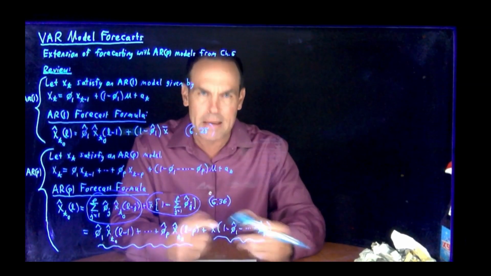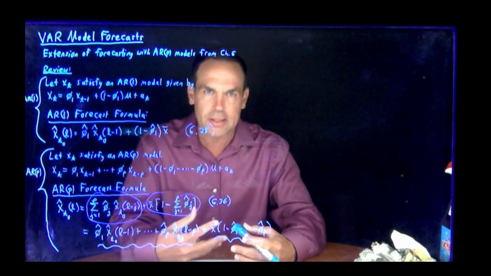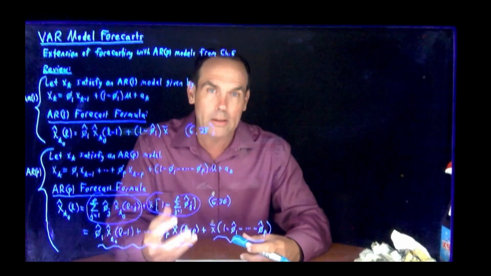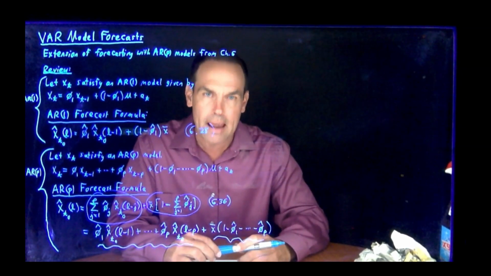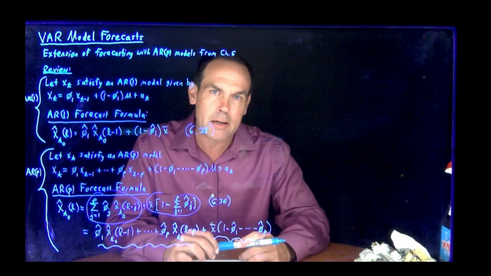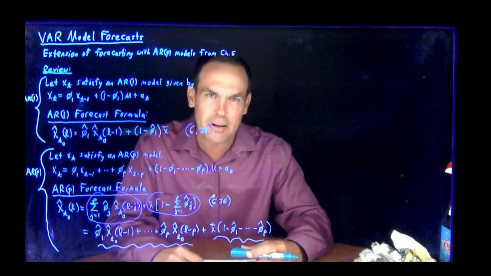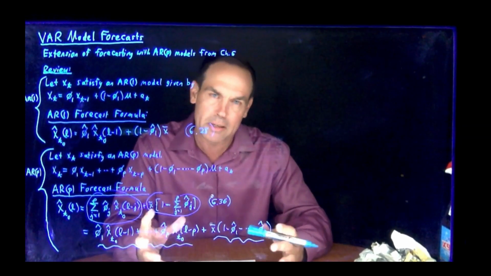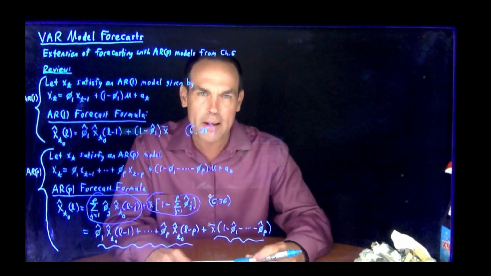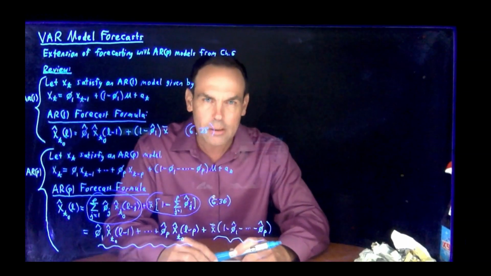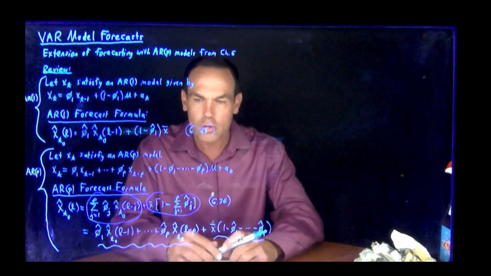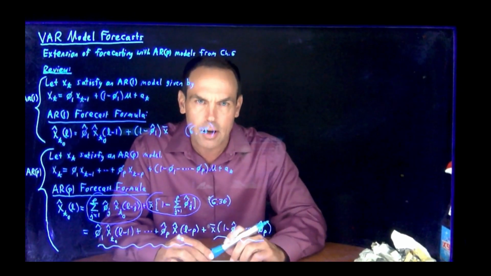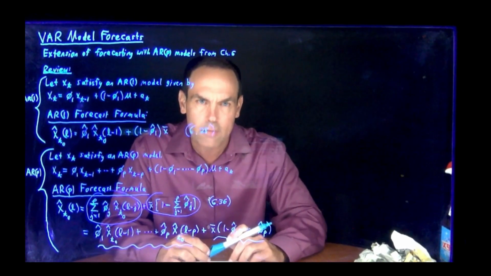And the best way for me, anyway, to really understand the VARPs is to make sure that I take a quick little trip back to the AR1s and the ARPs, because that lets me get warmed up and accustomed and reacquainted with the formulas when they look a little bit tamer, and then we're ready to jump into the big formula. That's exactly what we'll do on the next light board. So we're going to start with this, and we will then get into the details of the VARP forecasting formula.